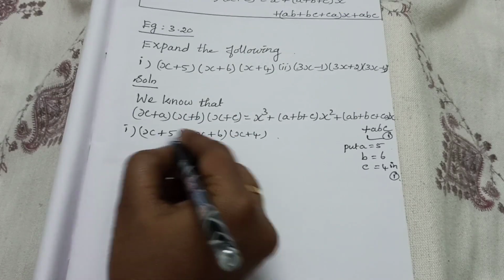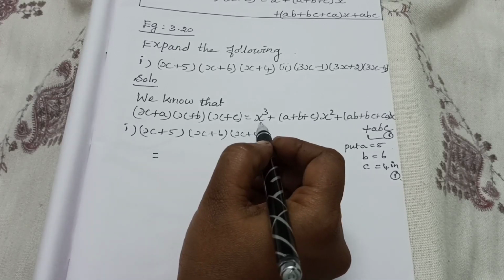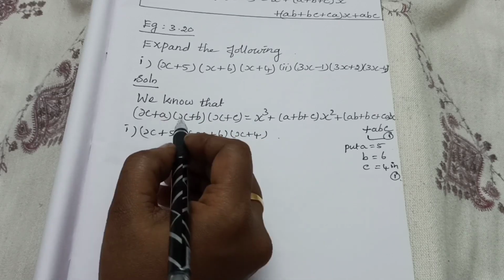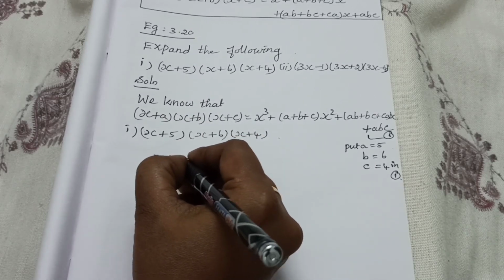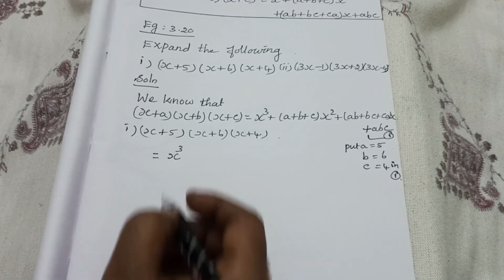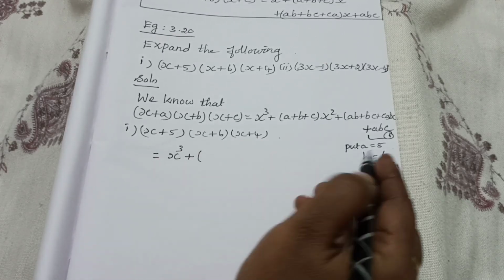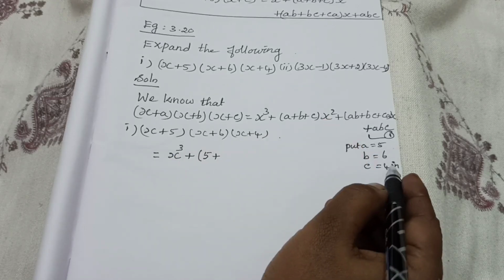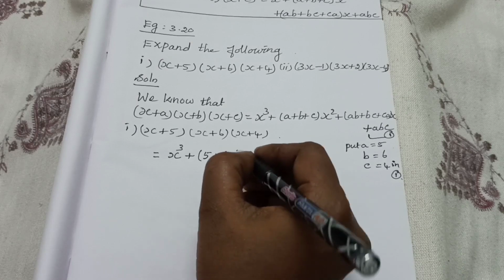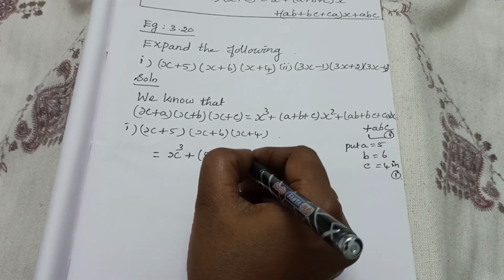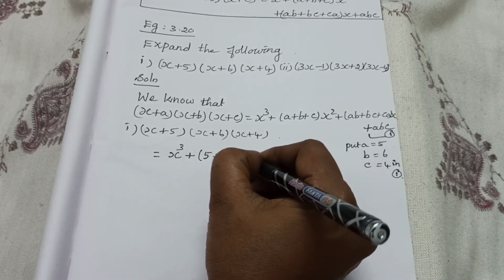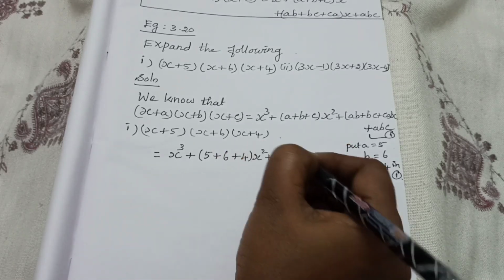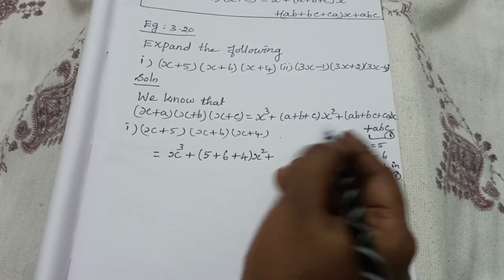Then equal to, this is the question, then equal to x cube, isn't it? In x cube, the first term is x, so no change. Then x cube plus, in place of a you have to substitute 5, plus b is 6, plus c is 4, into x square plus (ab + bc + ca).